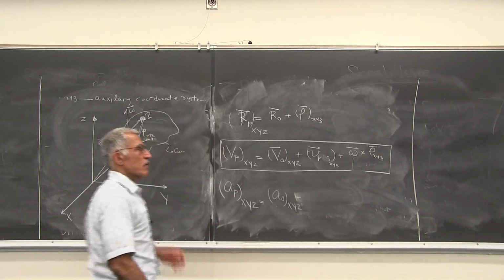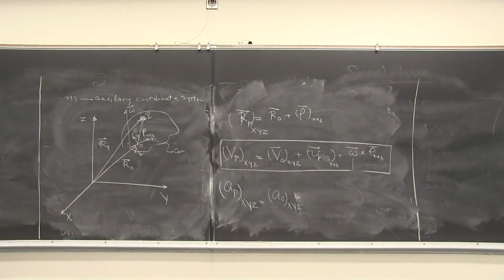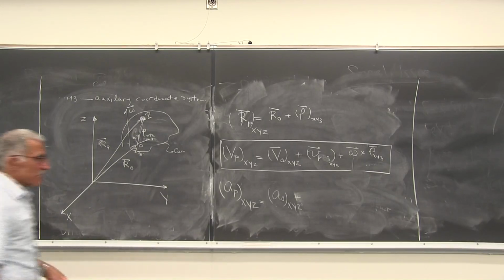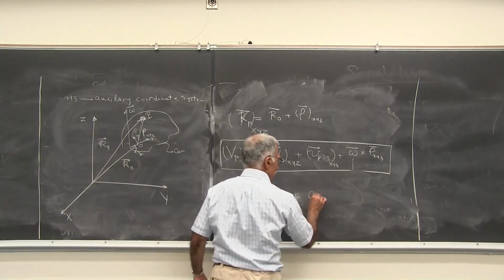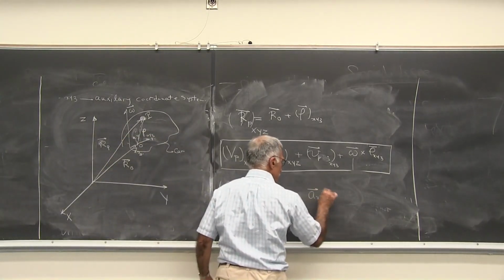plus, now you have to say what is the derivative of the Vxyz with respect to xyz. Well, it has acceleration with respect to its own coordinate system, a xyz.